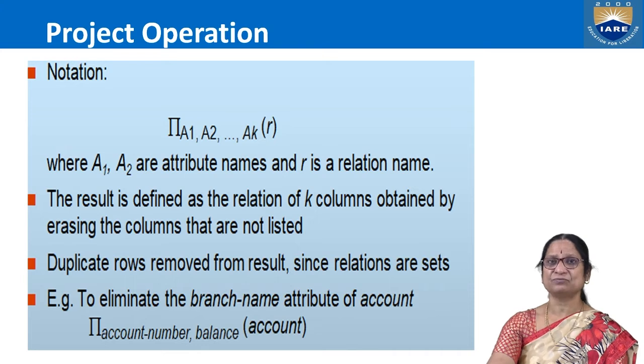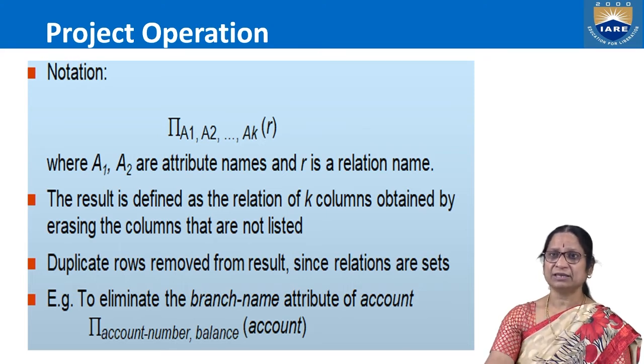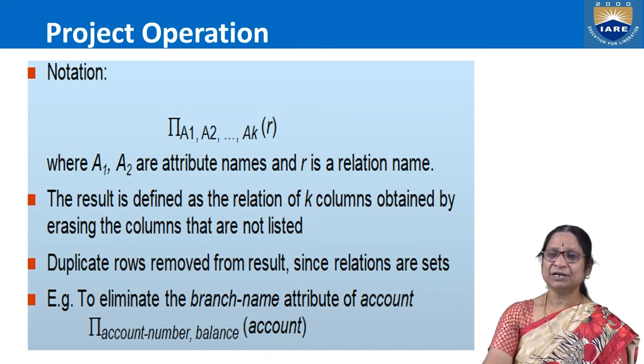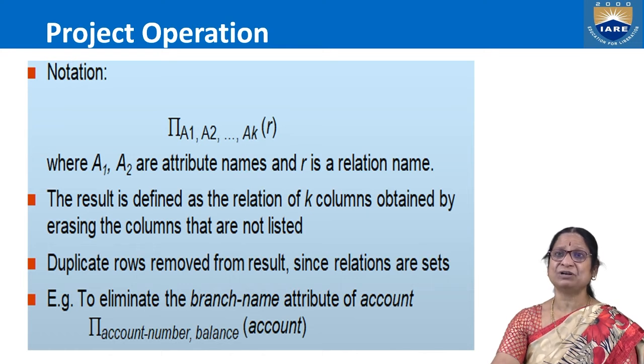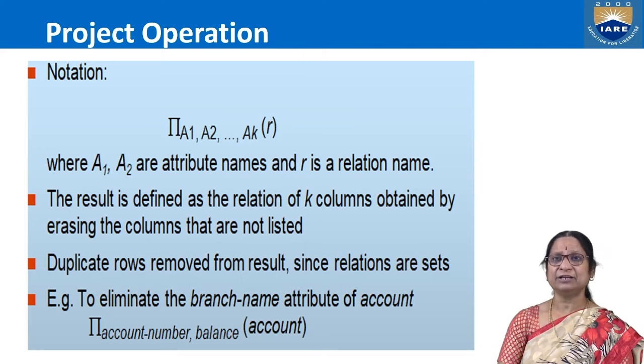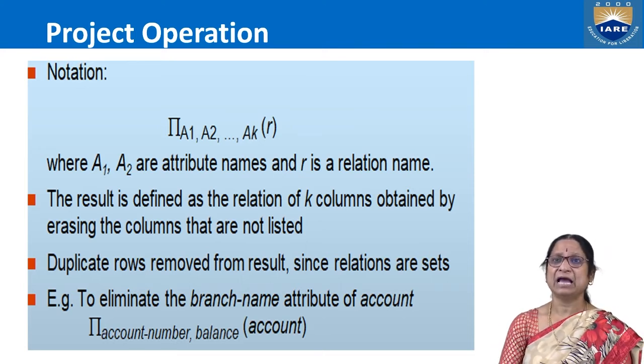A general syntax of our projection operation is pi of a1 comma a2 comma etc ak of R. That is, whichever attributes are there in R, the required attributes can be listed here. It need not be in the same order as in the relation schema R. It can be any order or in the order in which you would like to get the display. I may write it as A2, A1 also. I may write it as CA also. The order can be determined by us in which order we would like to get the display as an output actually.